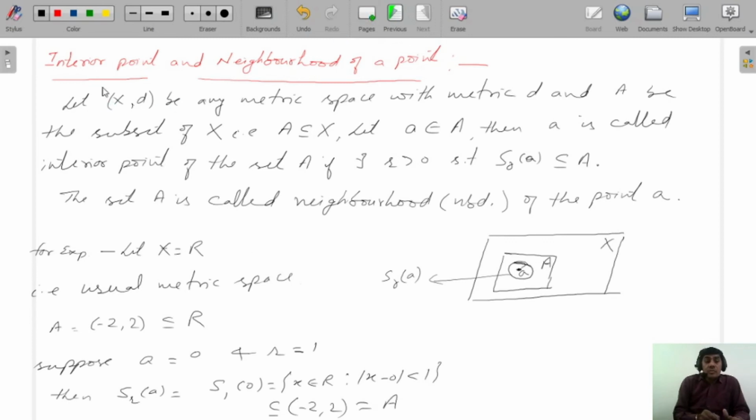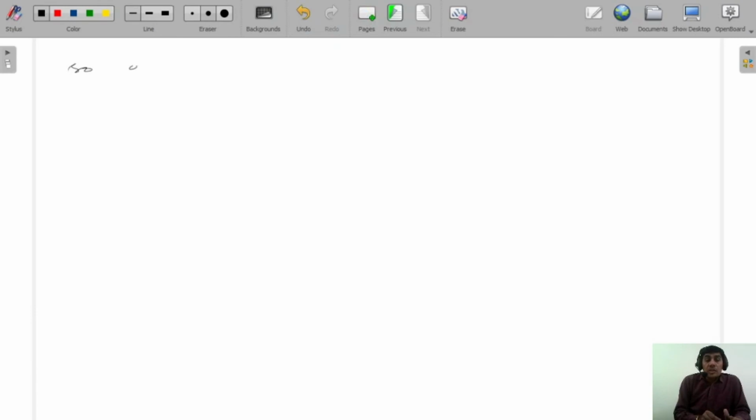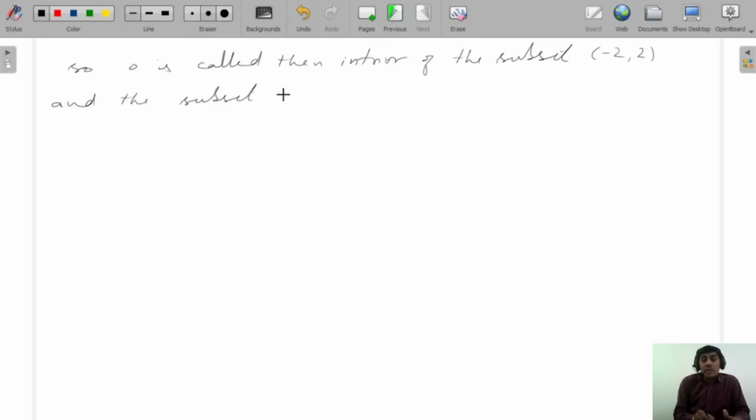So 0 is called an interior point of the subset (-2, 2), and the subset (-2, 2) is called a neighborhood of the point 0.